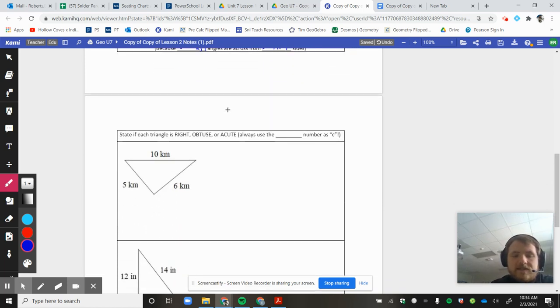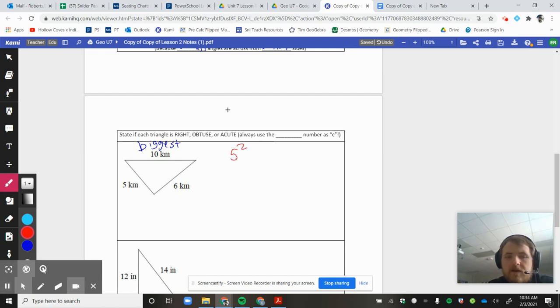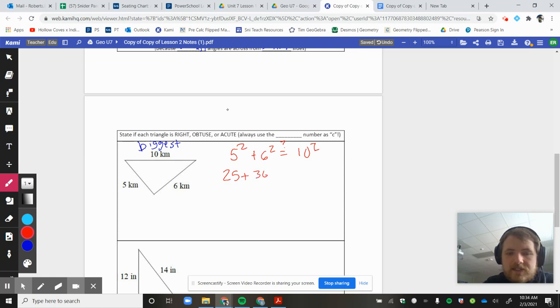So if we're looking at this, notice that 10 is the biggest side, so that's my c squared. So I'm going to do 5 squared plus 6 squared equals 10 squared. I'm going to put a question mark above that equal sign because I don't really know if it's equal. So that gives me 25 plus 36.